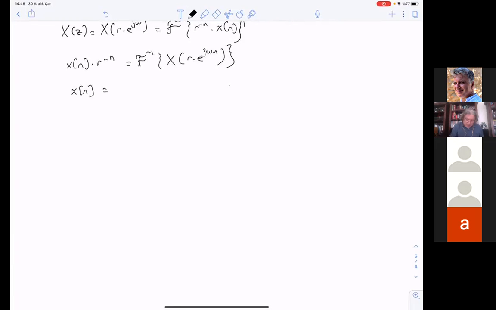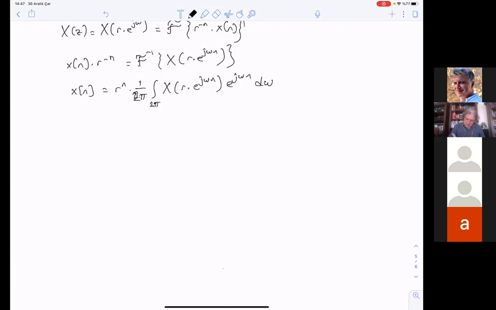So x of n is equal to, therefore, r to the n times the inverse Fourier transform, which is 1 over 2 pi integral over 2 pi X of r times e to the j omega times e to the j omega n d omega. This is the definition of the inverse Fourier transform. So I'm just using it that way.